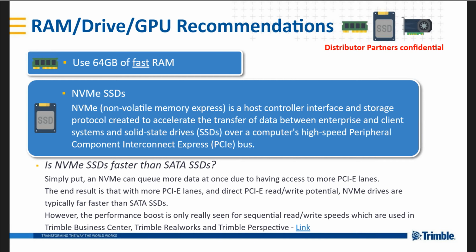So if possible, go with that. That will boost the performance for our Office software quite well. And if you would like more information on that, go to the link here to look it up.